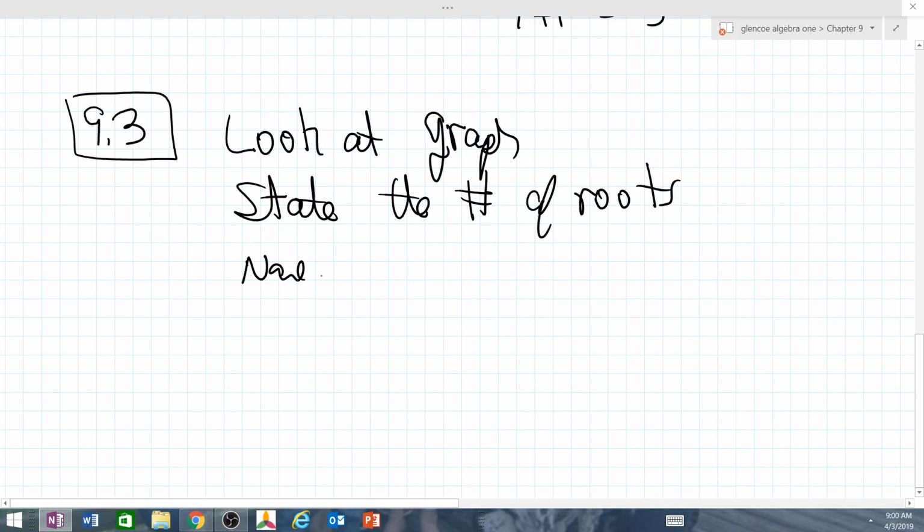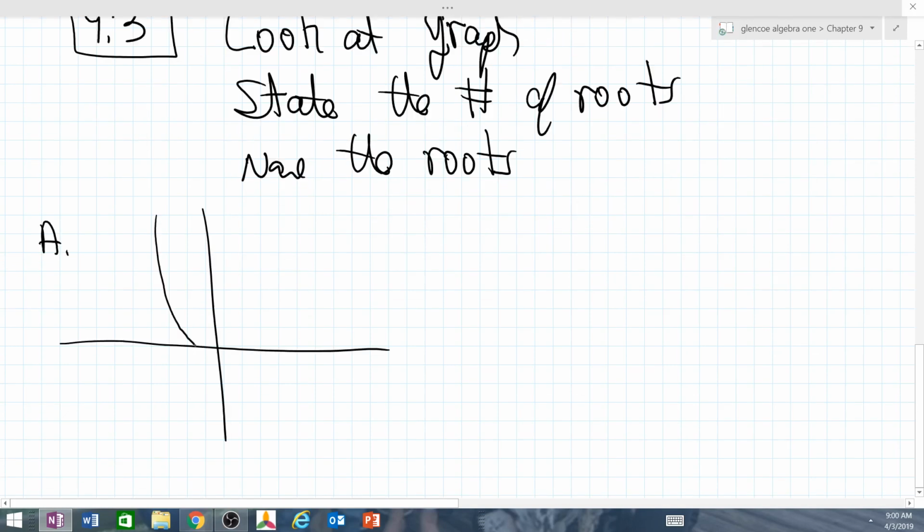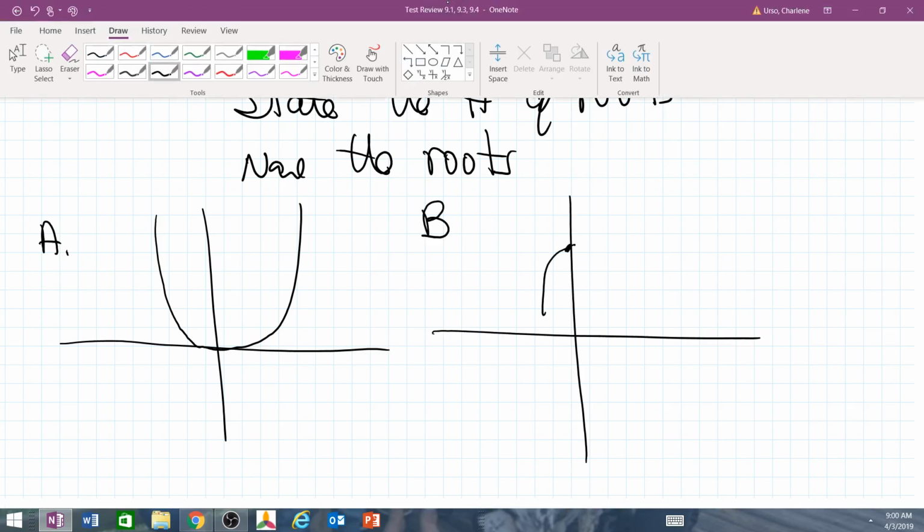So if I were to give you, let's give you 3 graphs. Here's graph A. Here's graph B. Let's fix that one. I don't like that guy. Give me 1 minute there.